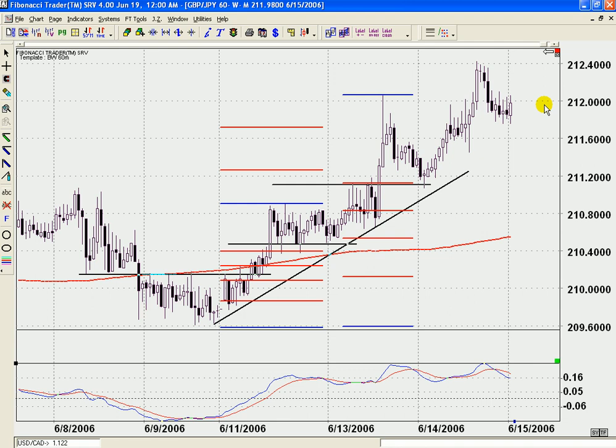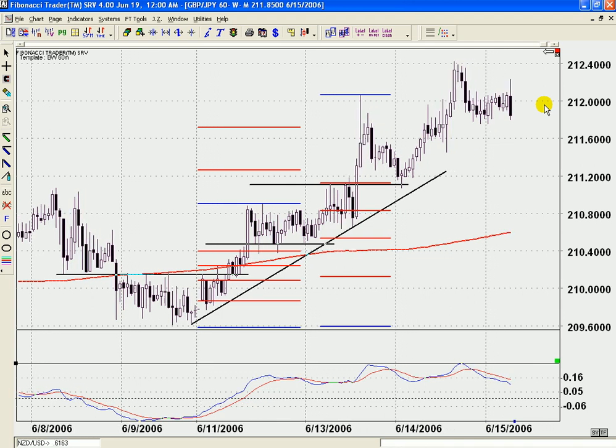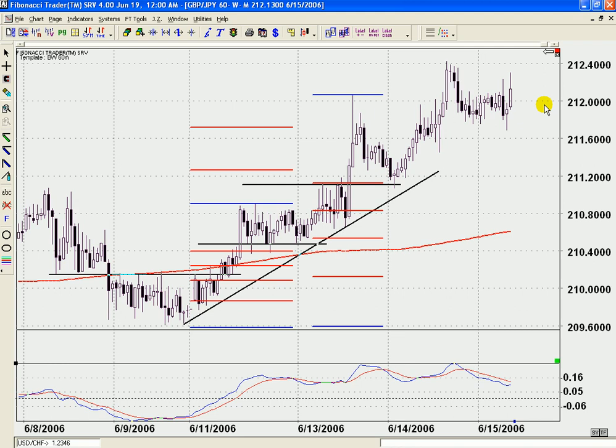As we see price continuing, it's consolidating after a nice move up. Moving our trend line forward. Price comes and hits our trend line.